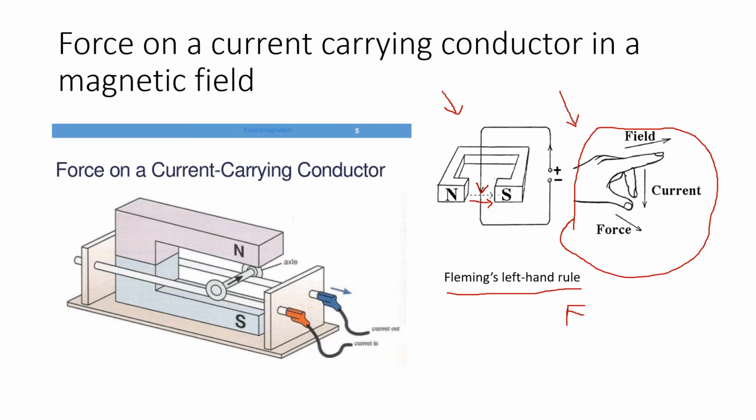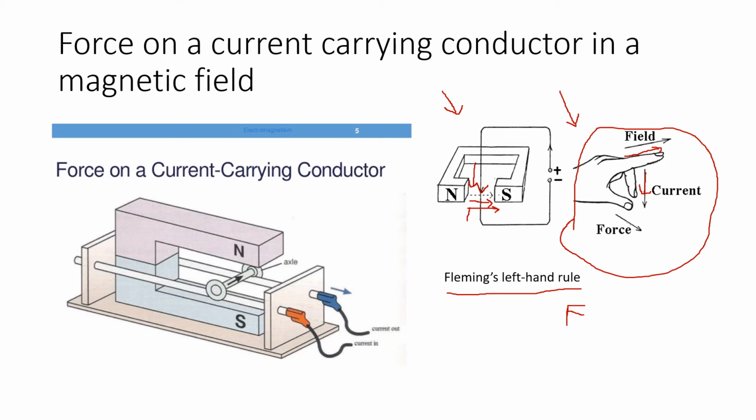Our first finger will be pointing the direction of magnetic field, so we point our first finger from north pole to south pole, and the second finger the direction of current. So the second finger has to point downward.